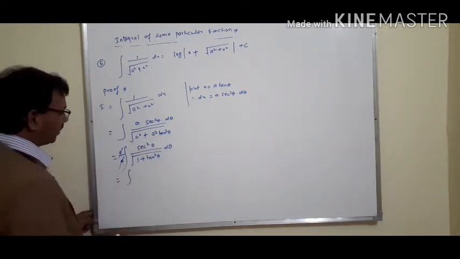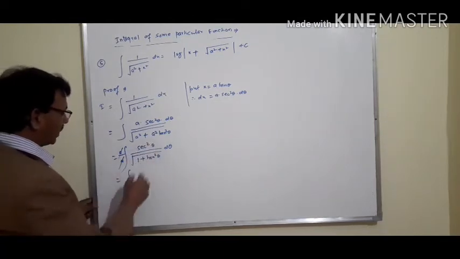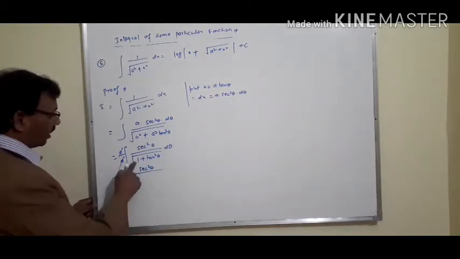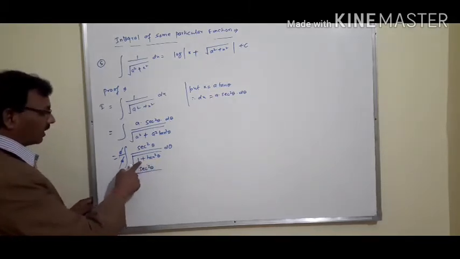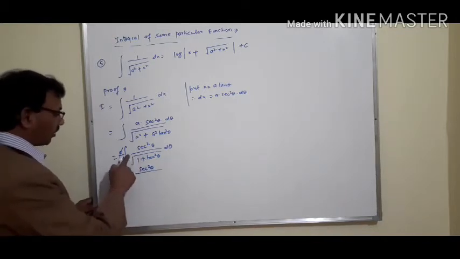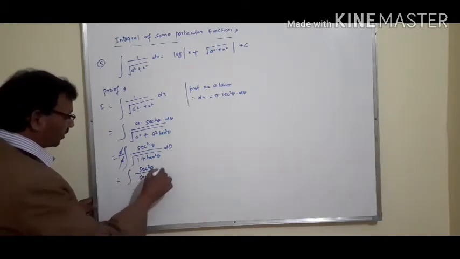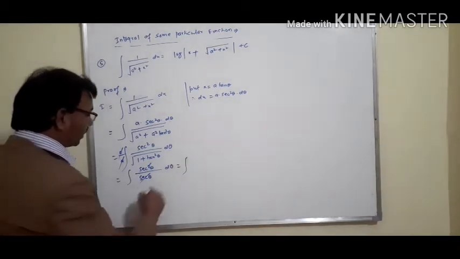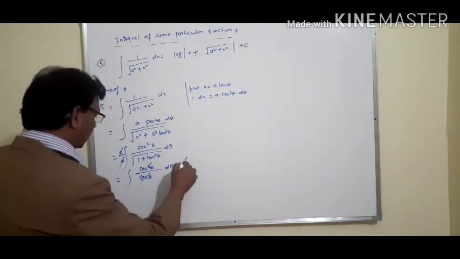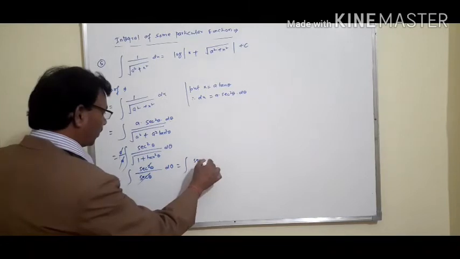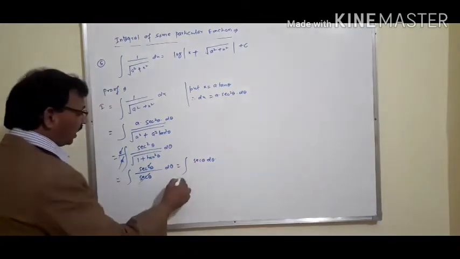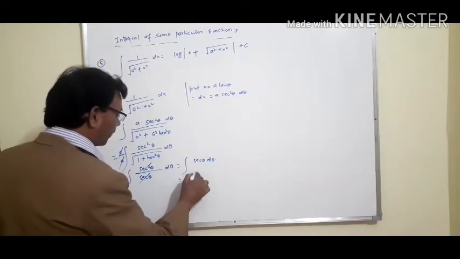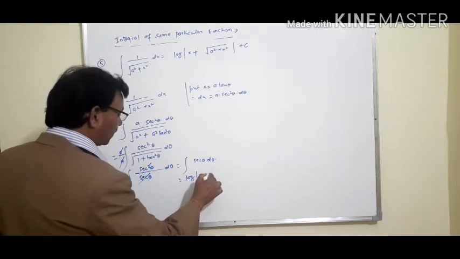Now 1 plus tan square theta is sec square theta, and it comes out from this square root, so this will be sec theta into d theta. Sec theta and sec theta will be cancelled, so what remains in the integration is sec theta into d theta.